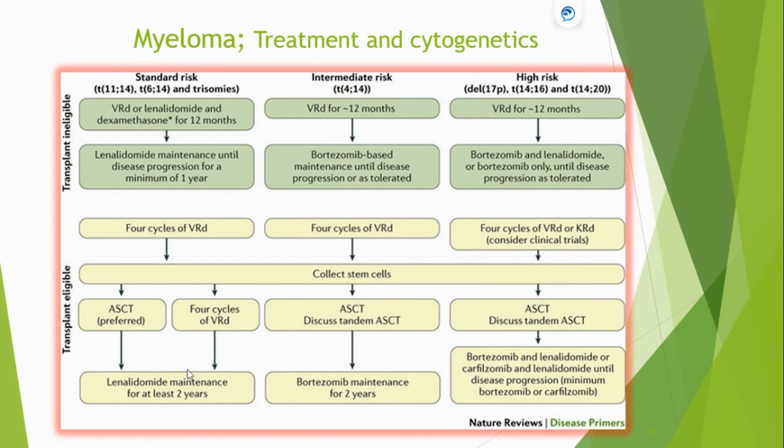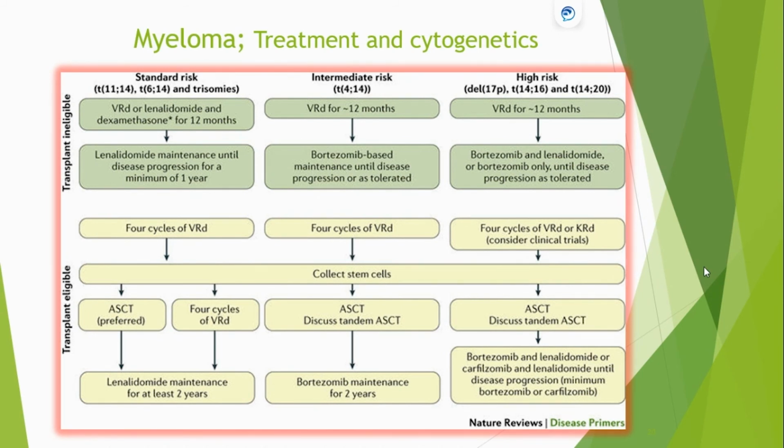The cytogenetics also has a role in the management of the patient, even in treatment. As you can see here at the top, you have the standard risk abnormalities, the intermediate one, and a high risk one. Not totally different, but a patient can be managed in a different way based on the cytogenetic abnormalities found in the patient. So that goes with patient management and treatment.